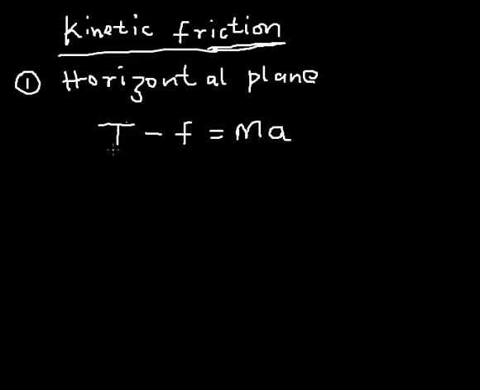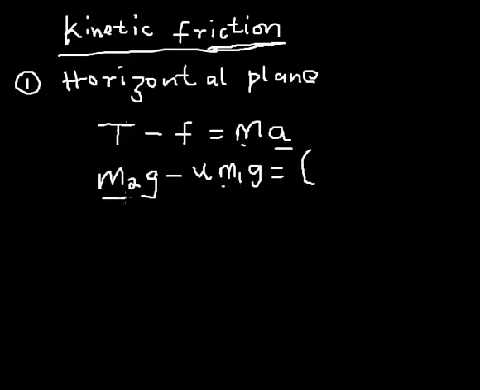Of course, what is the tension? Remember, the tension is m2g, the weight of the second mass. And the frictional force is mu times the normal reaction, and the normal reaction is the weight of the object on the surface. This is equal to mass times acceleration. Remember, it's not only one mass that is accelerating.